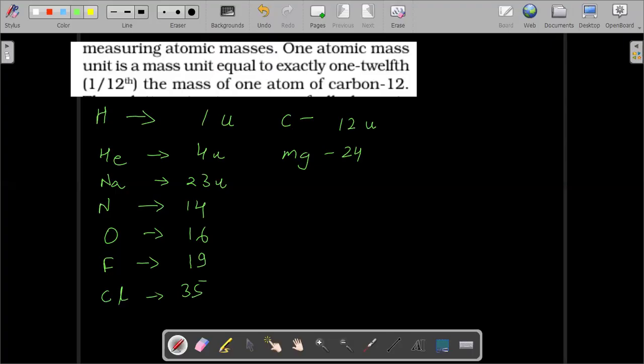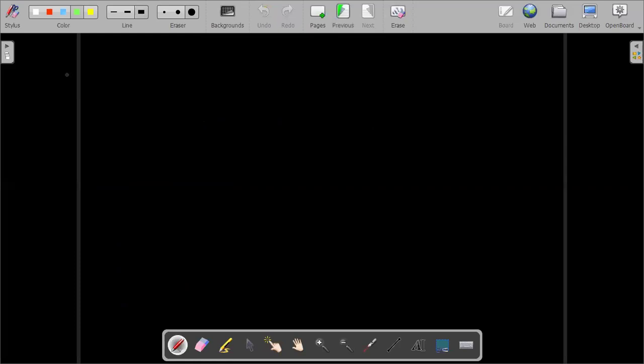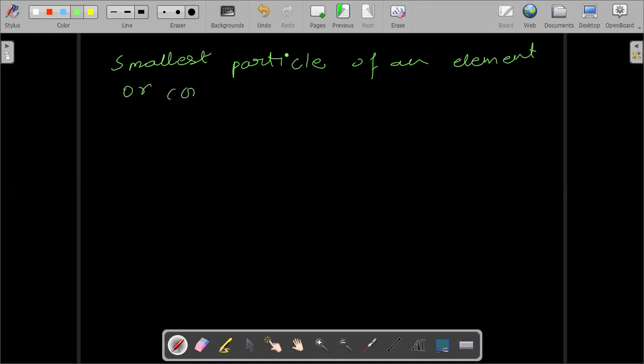See what it says: the smallest particle of an element or a compound, tightly held together.